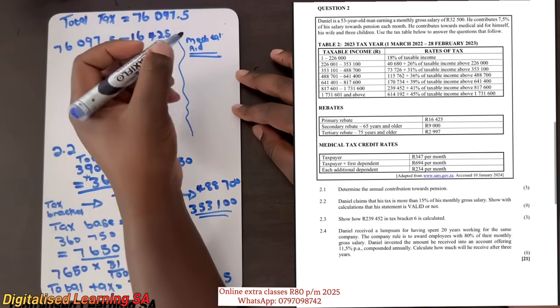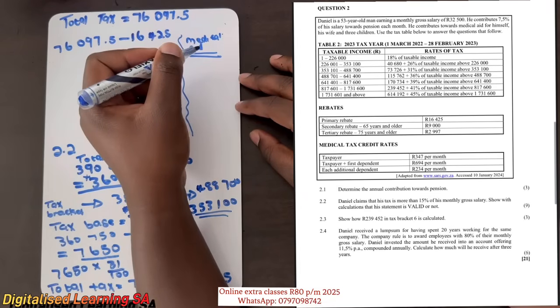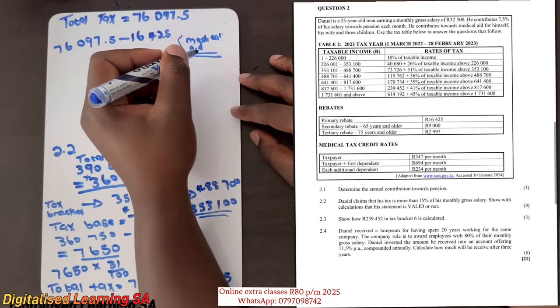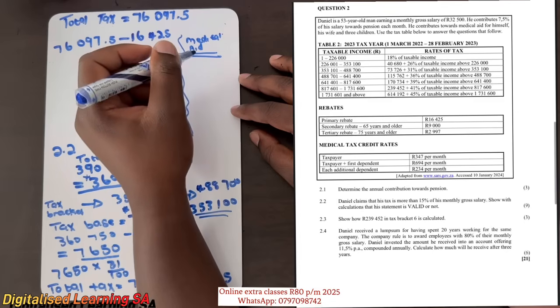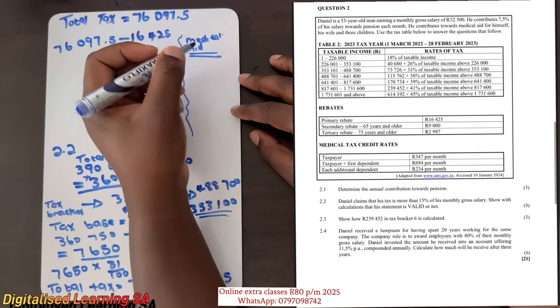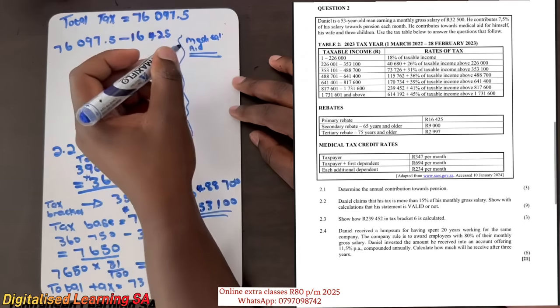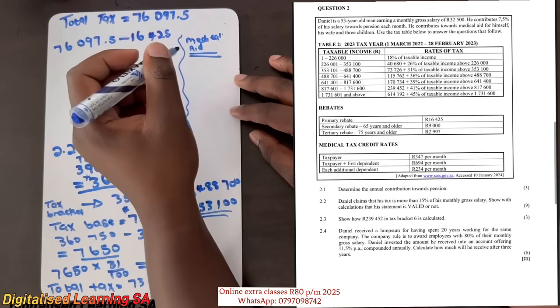If we look at our table, the taxpayer pays 347, taxpayer plus first dependent pay 694, and each additional dependent pays 234.